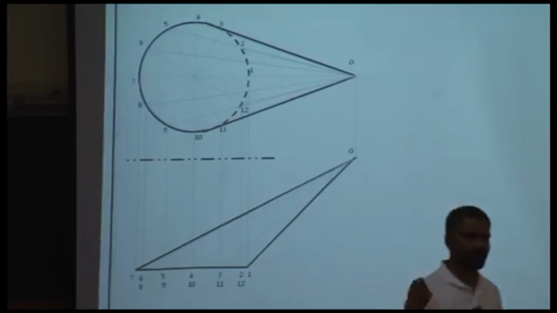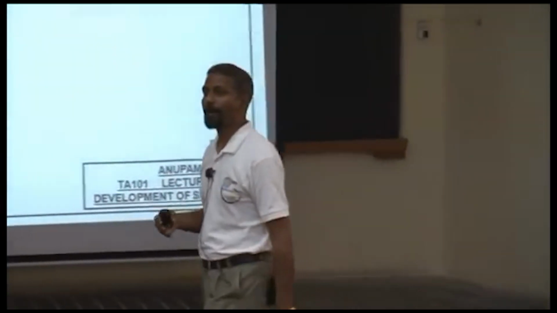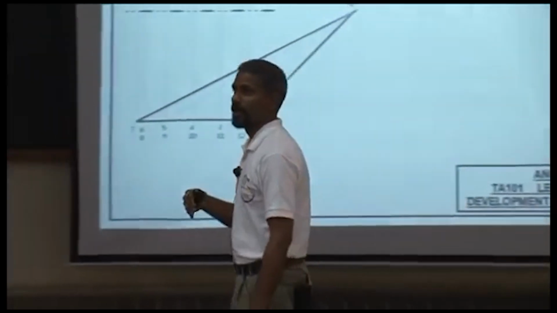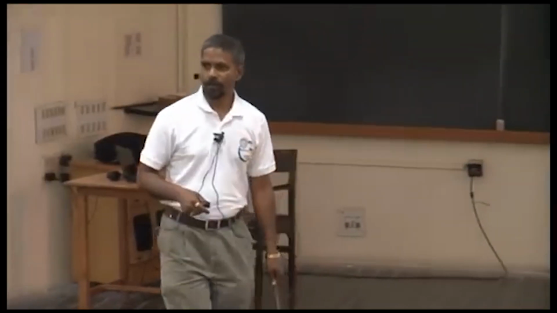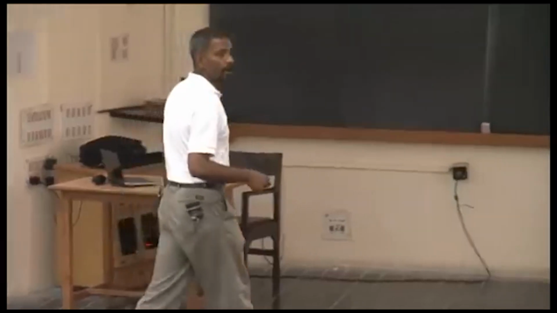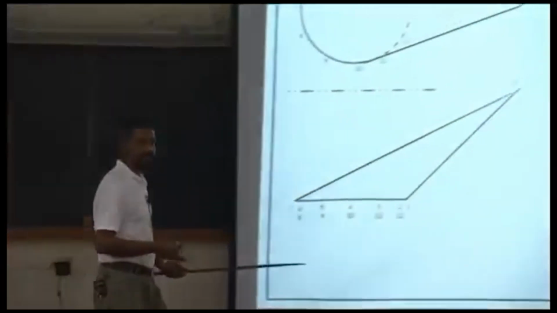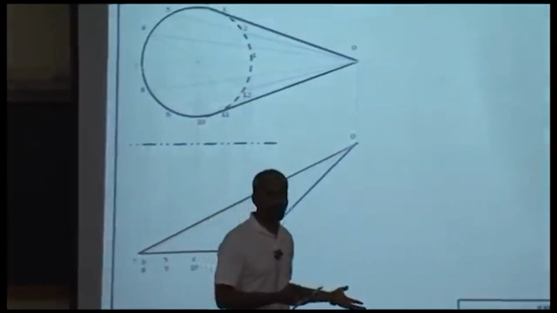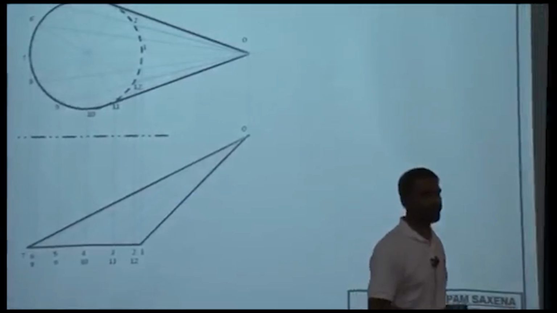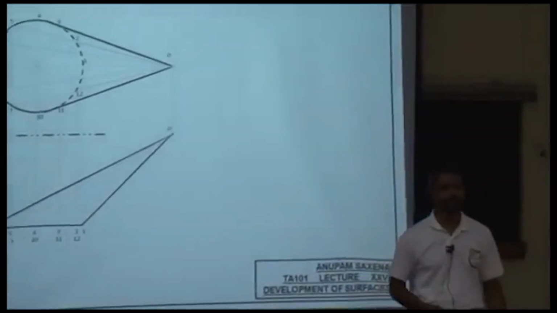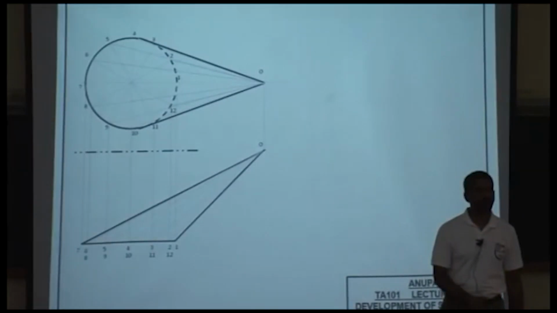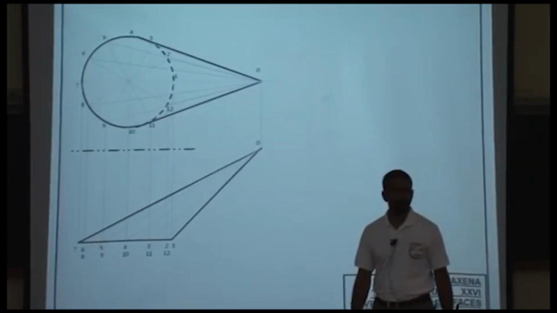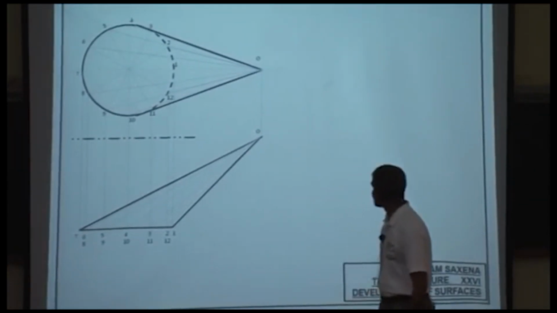Okay, so the surface of this weird looking cone is now approximated by a bunch of triangles on the surface of this solid, so to speak. To develop this cone now implies how you treat these triangles. And the same procedure: try to figure the true lengths or true dimensions from both of these views.